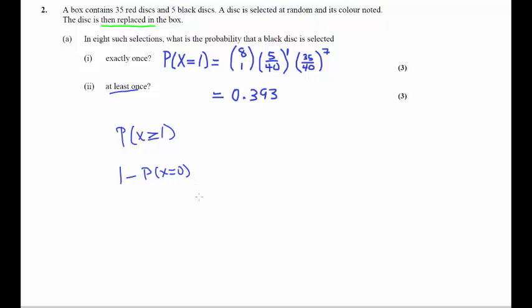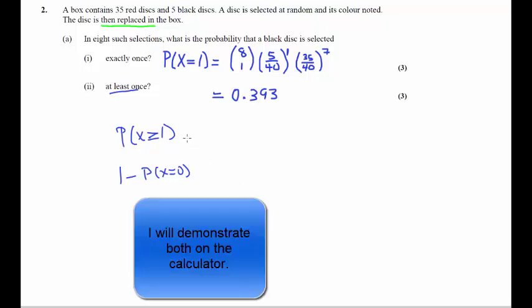Just for this one in particular, I thought I would figure out the probability of it equaling 0.